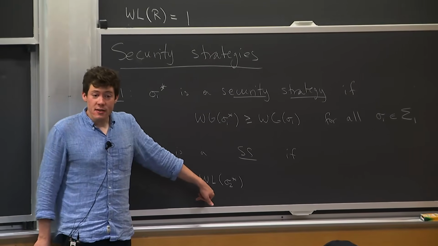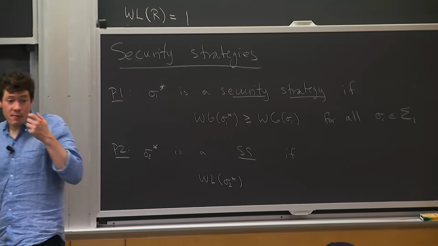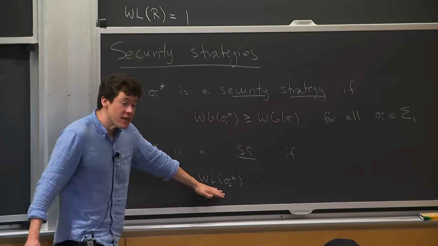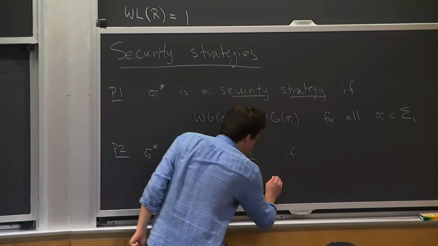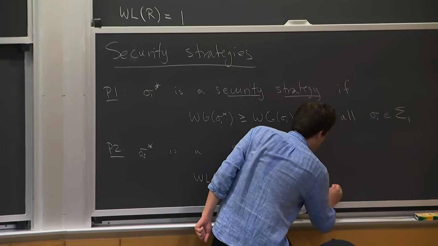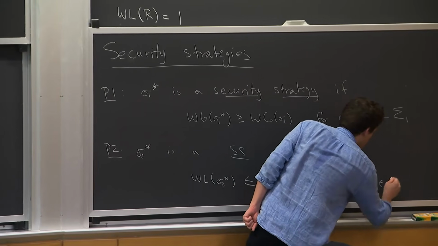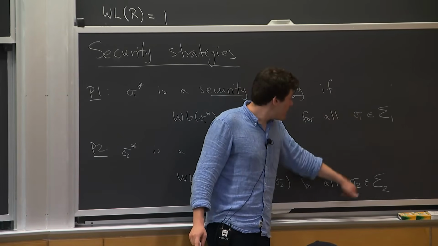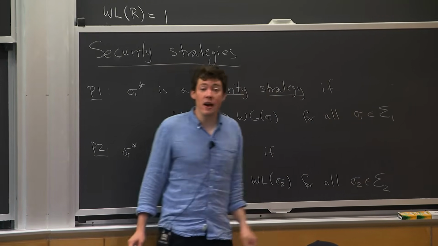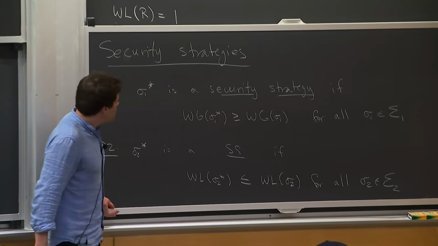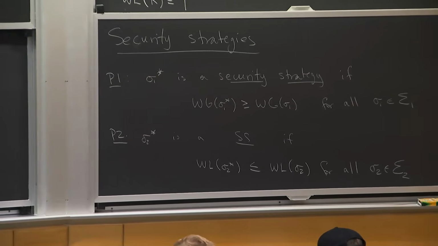They care about losses. So sigma 2 star is best for them if the loss is as small as possible, right? So they want the worst case loss from sigma 2 star to be less than or equal to the worst case loss from sigma 2 for all sigma 2 in the strategy set. And here, going back to the question over here, it is really important that we contemplate mixed strategies. We can't just look at pure strategies. Okay. We have this definition.